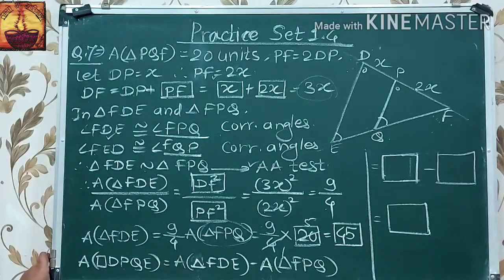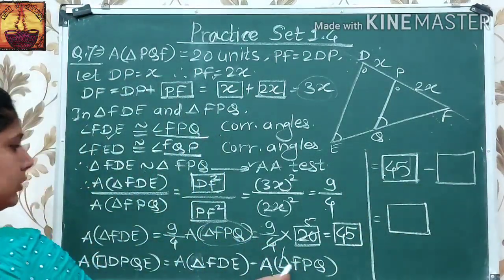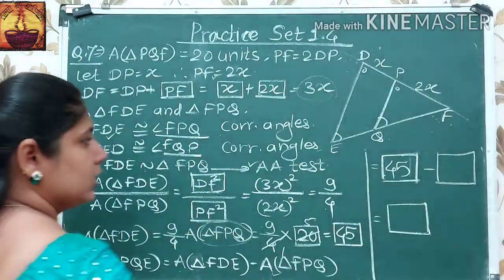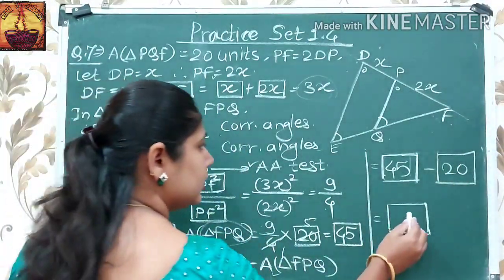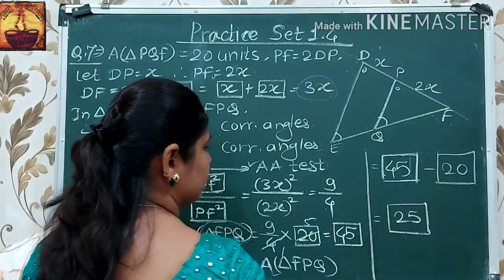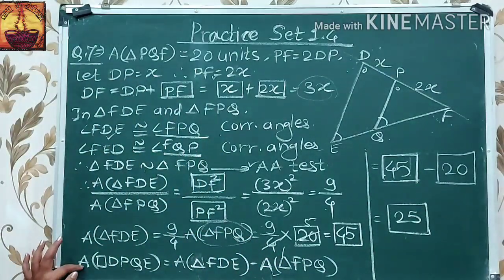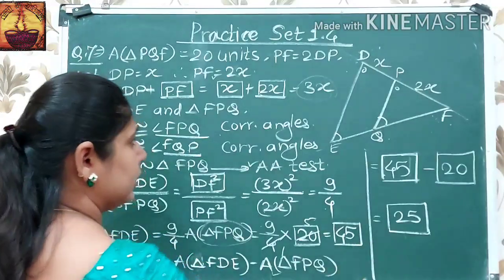We have area of triangle FDE is 45 and area of triangle FPQ is 20. 45 minus 20 is 25. Therefore the area of quadrilateral DPQE is 25.